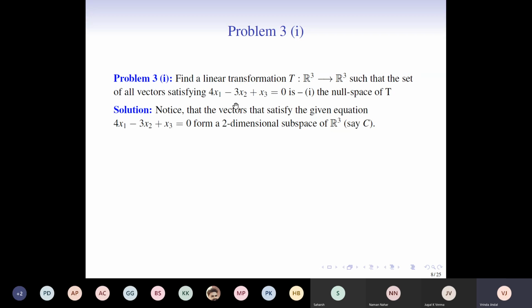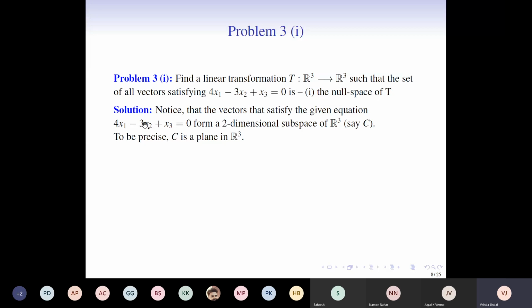First of all, notice one thing, that the equation 4x1 minus 3x2 plus x3 equals 0 gives a two-dimensional subspace of R3. So we'll call that subspace C. How do we say that it's two-dimensional? We know that this is the equation of a plane.